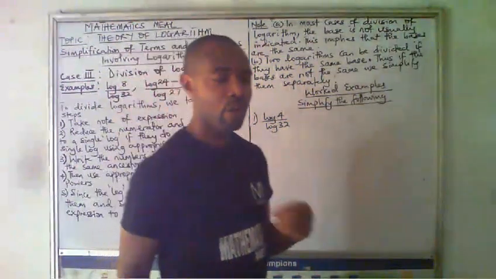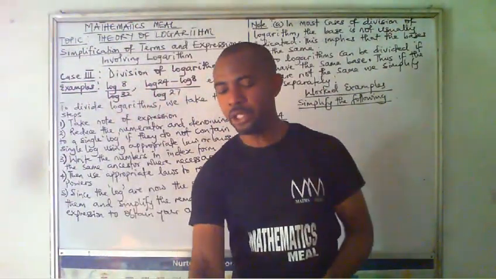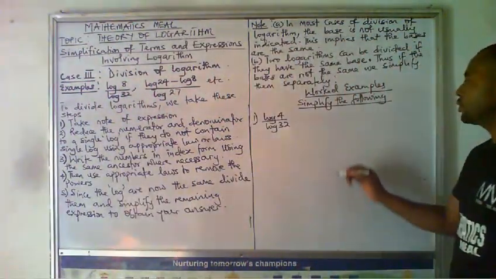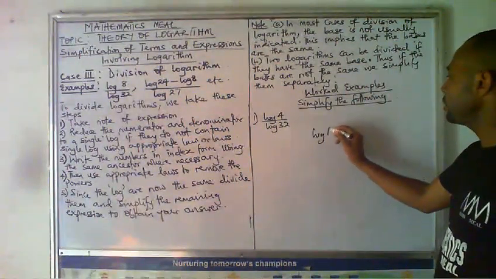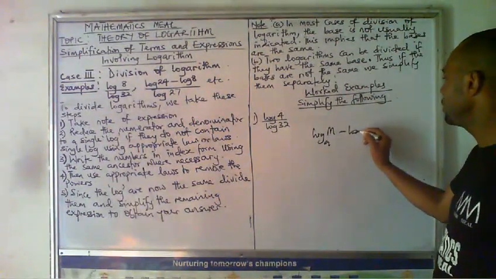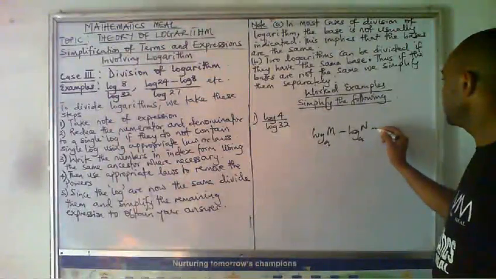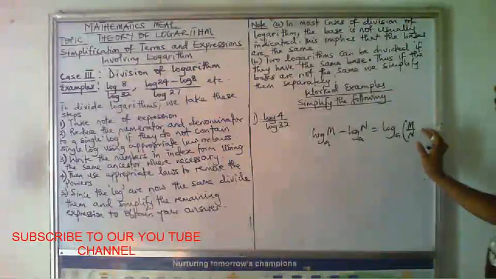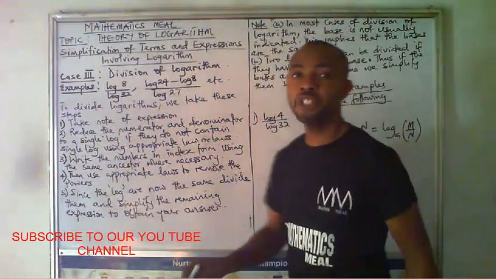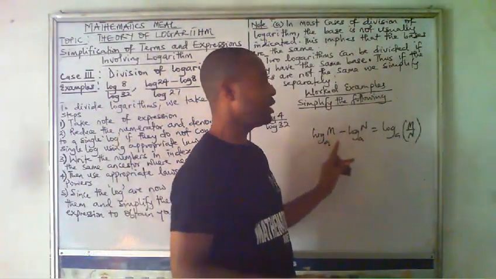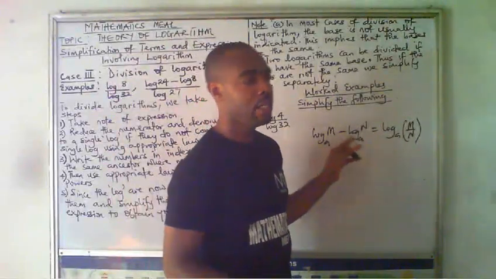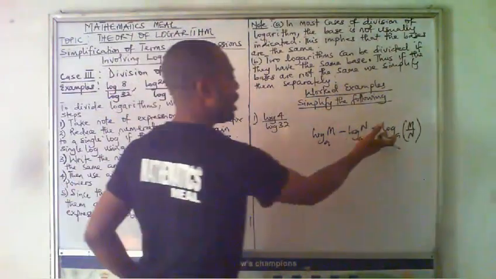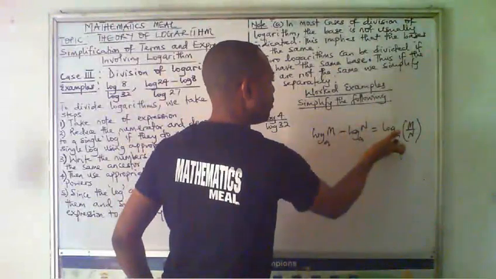Remember, division of logarithm is not the same thing as what the second law is telling us. When we have log of m over n, this is not division of logarithm, but division of the numbers in logarithm. That's what the second law is saying. In this case now, we do not have log m divided by log n.